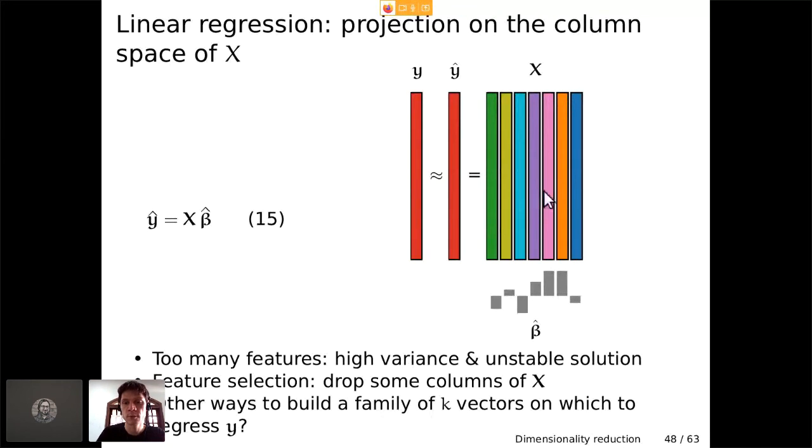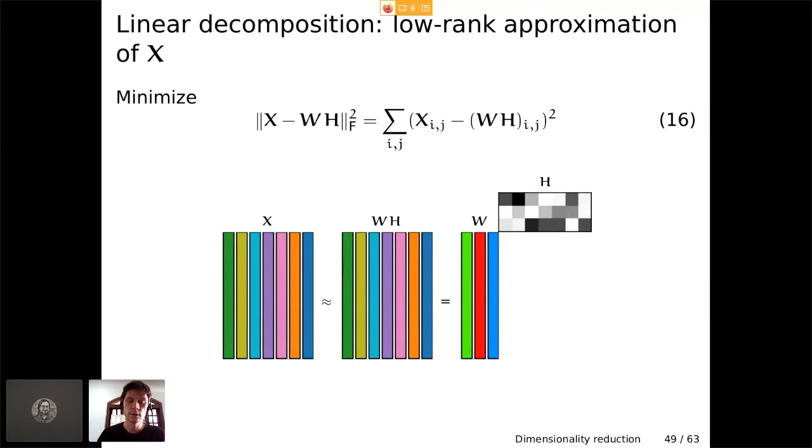So instead of just dropping some columns of X as we did before, we will find a decomposition of our feature matrix X so that it can be well approximated as a linear mixture of a few basis vectors. And then the coordinates in this new basis will be the transformed features. So here I still have my design matrix X that has way too many columns, and that makes it difficult to fit my model as before.